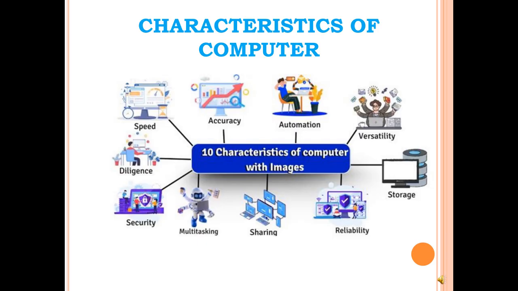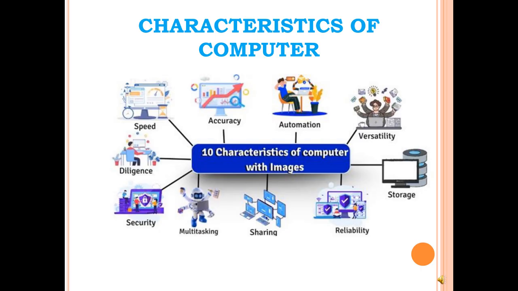What is the accuracy of your task, as well as storage, automation, versatility, reliability, how reliable it is, sharing, that means how you can share the data from one source to another destination, how you can do multitasking, how you can provide security, how diligent the computer is in a task. It shows each and everything.